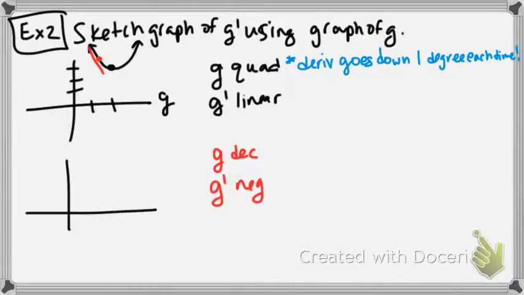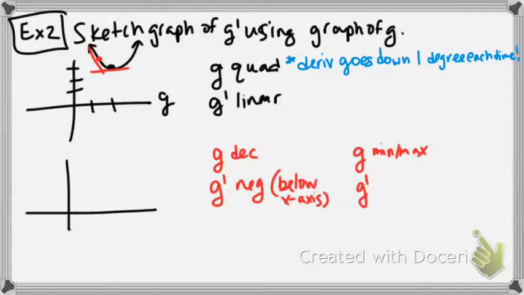So my graph starts out negative, below the x-axis. Then we have a minimum. So what's the slope there? That slope is 0. When g has a min or max, g prime equals 0, or technically we're going to learn undefined, like that sharp point we saw in the last one.